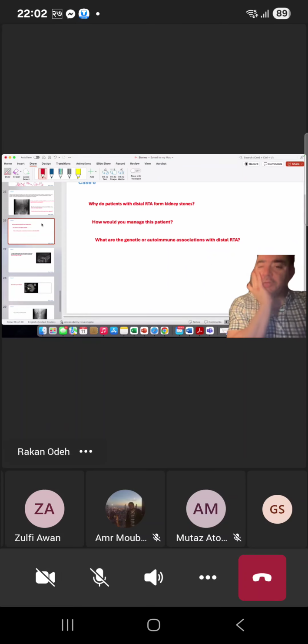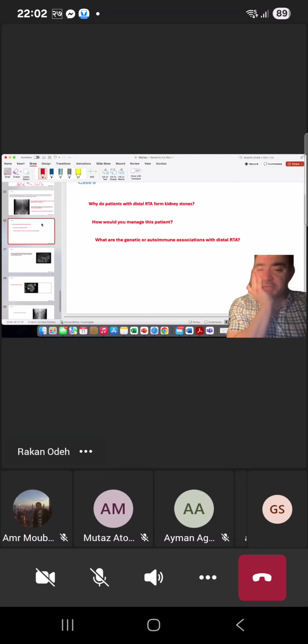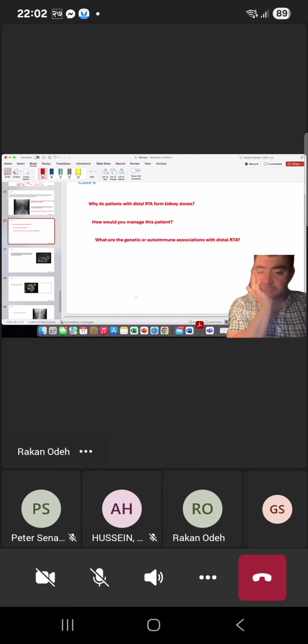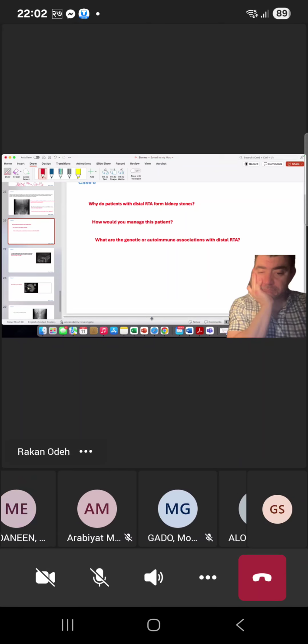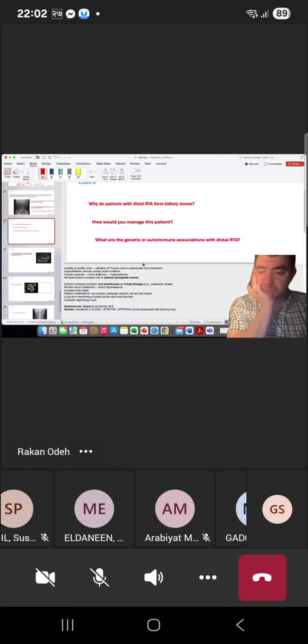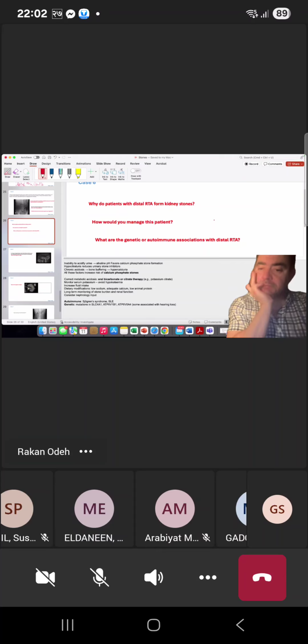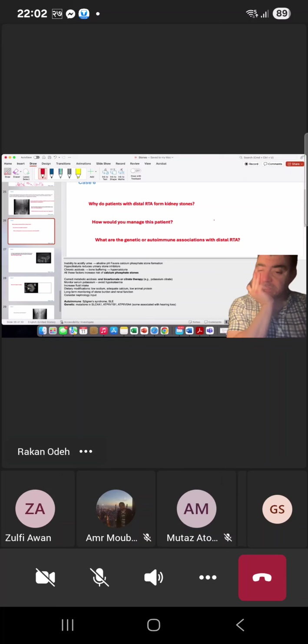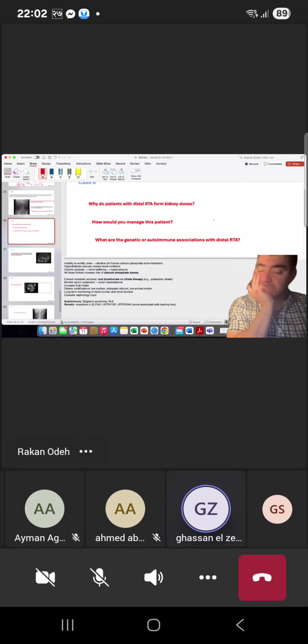How would you manage this patient? We'll need to get more citrate into her urine. We'll give her sodium bicarb or potassium bicarb, in tablets or solution. I would give sodium bicarb and improve the hydration status.